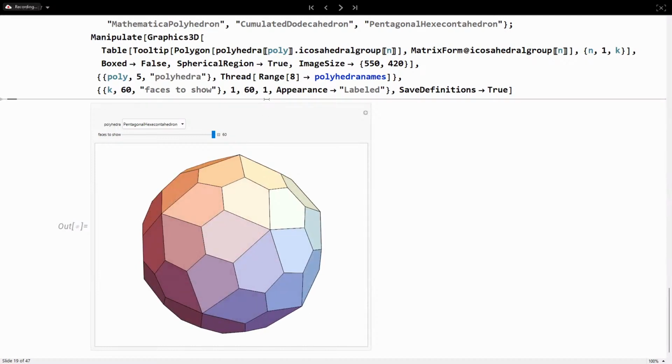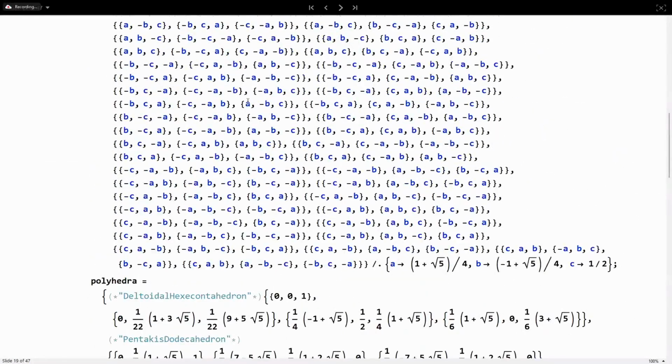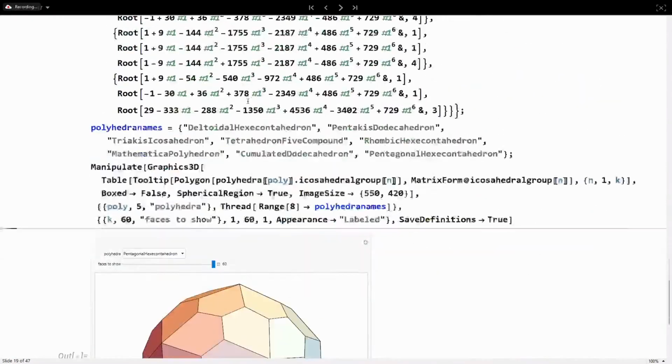So these are all developed using the icosahedral group, which is a collection of matrices based on the golden ratio.